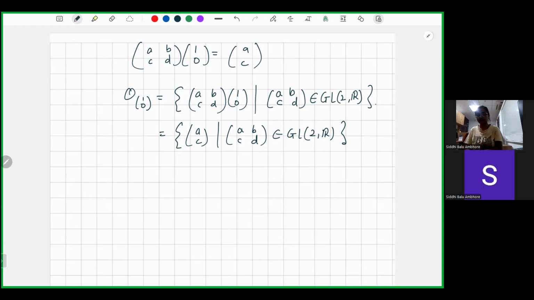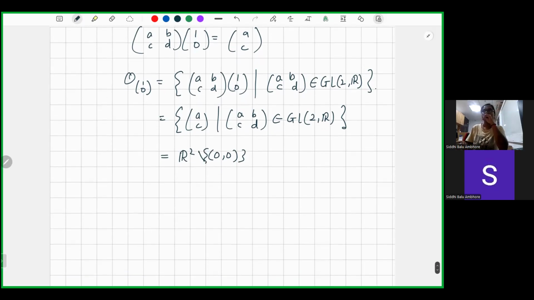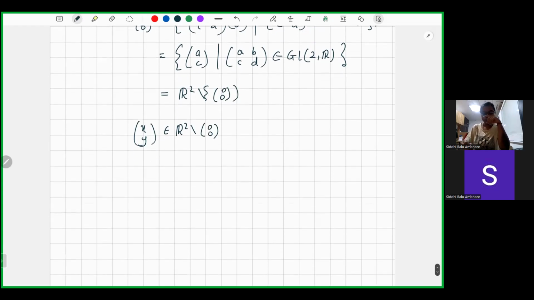So can we say that this is the whole of R2 minus 0 comma 0? Because see, if I take any x comma y in R2 minus 0, 0.